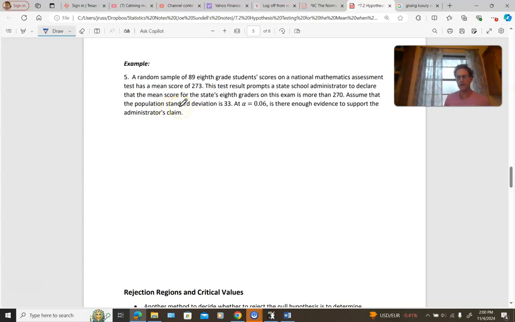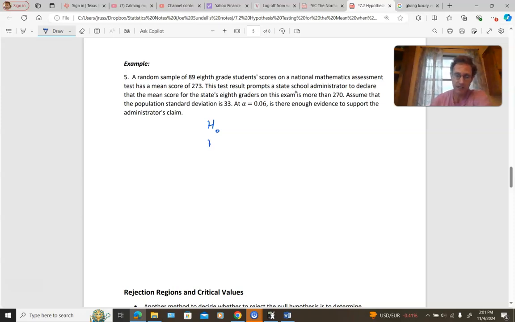All right, guys, so what we need to do first is go ahead and state what our null and alternative hypothesis is. Okay, so look here. The administrator's claim is that the mean score is more than 270. That doesn't have an equality component in it.